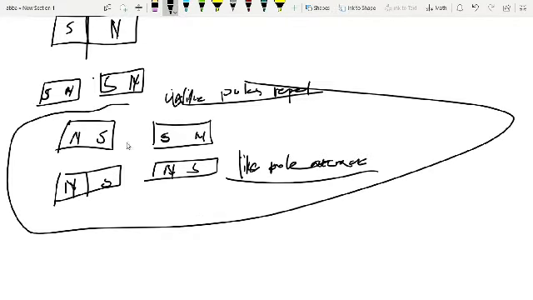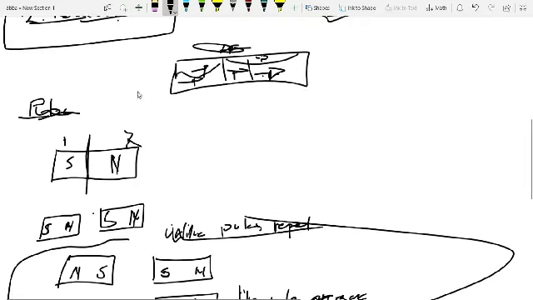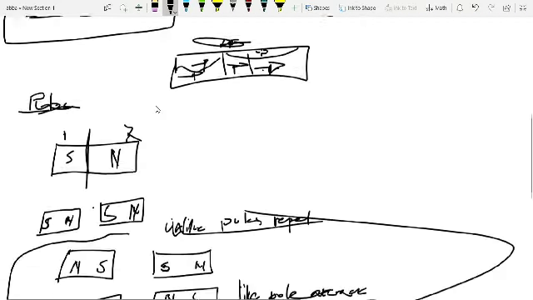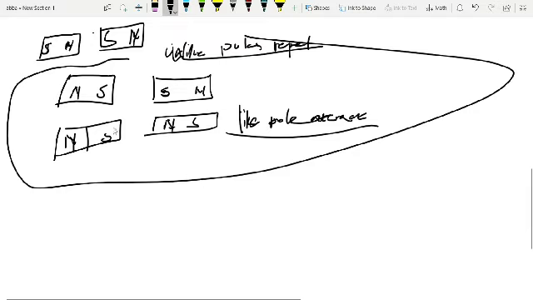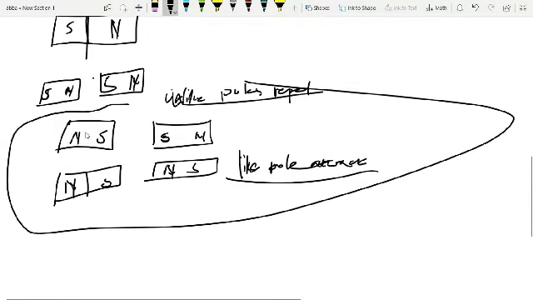Right. We can still use these domains to reason why these poles cannot attract each other. Remember, if these poles are going this way, it means that these poles are also going this way, right?